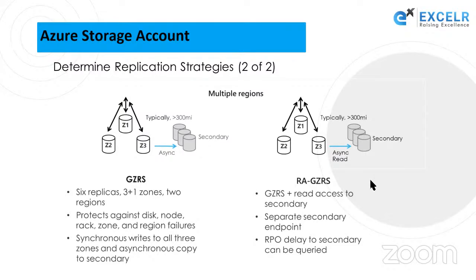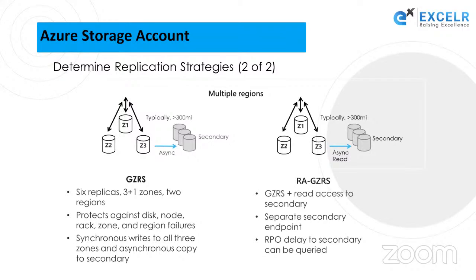Then we have RAGZRS, which is going to provide you a read-only copy of your data in the secondary region, and this is helpful when you want to use the application. Just some time back, I explained what the options are for it.